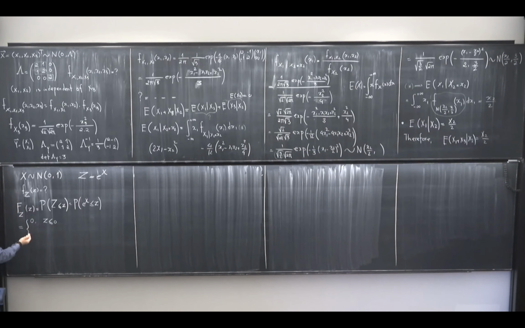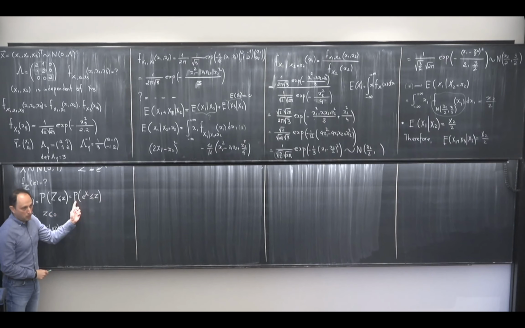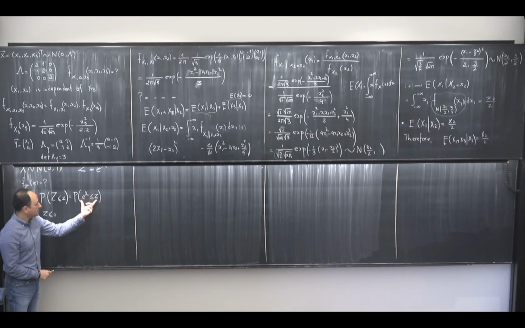Do you agree? There is another alternative. What happens if z is positive? If z is positive, then it becomes the probability of X less than or equal to ln of z. Do you agree? I wanted to take ln from both sides to transform this into something related to X.